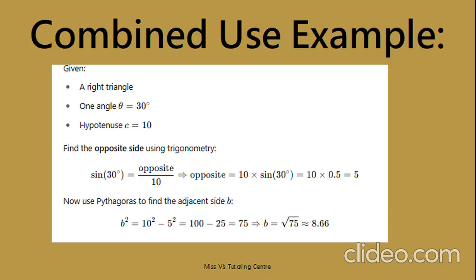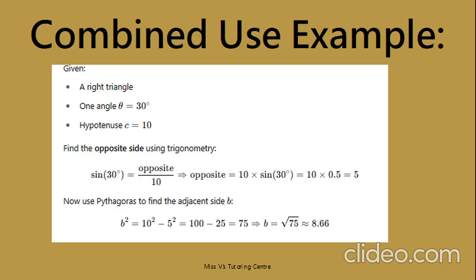Looking at the combined use example at the bottom, we have been given a right-angled triangle. One angle, theta, is equal to 30 degrees. The hypotenuse, c, is equal to 10 units.